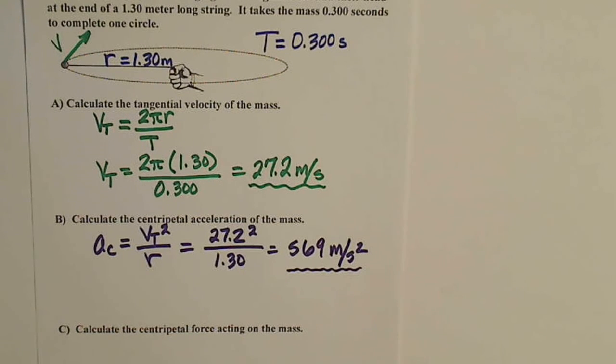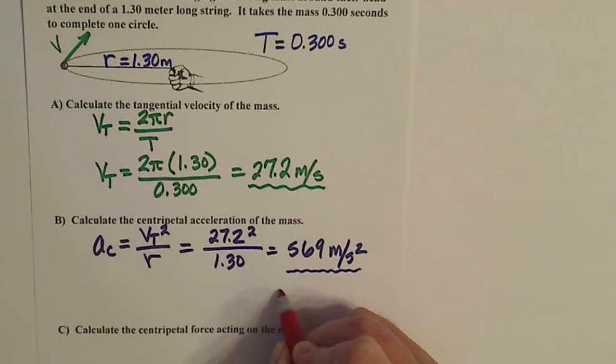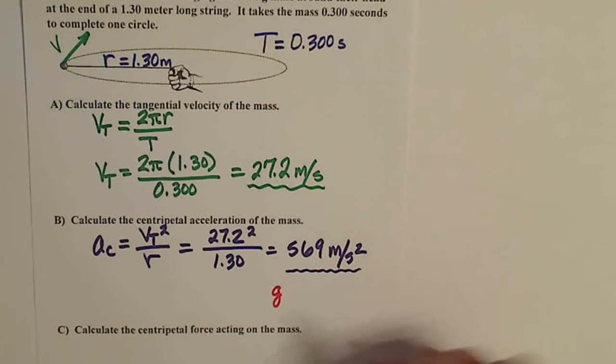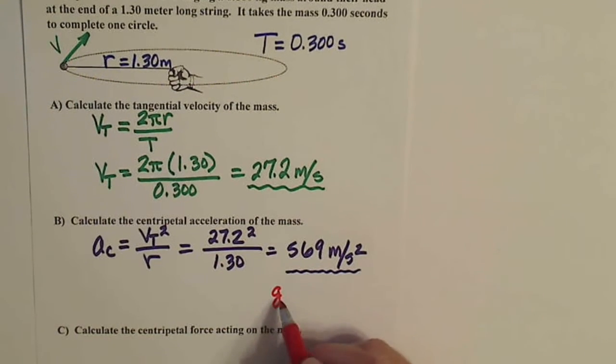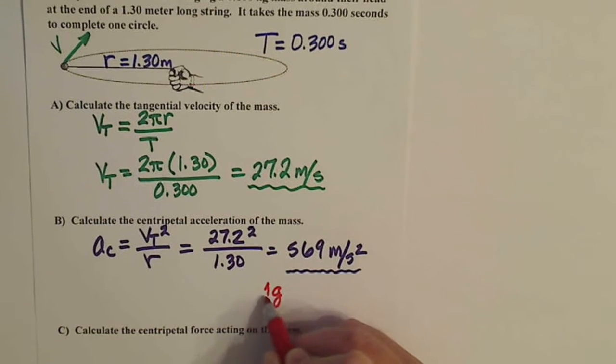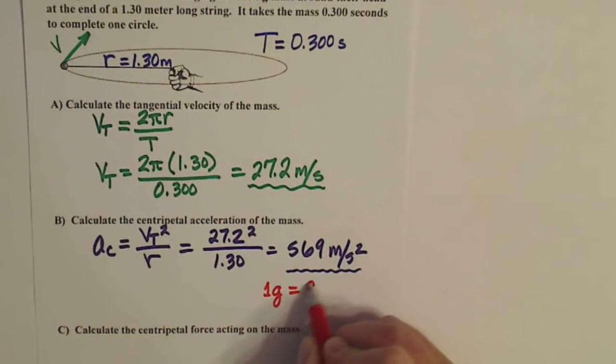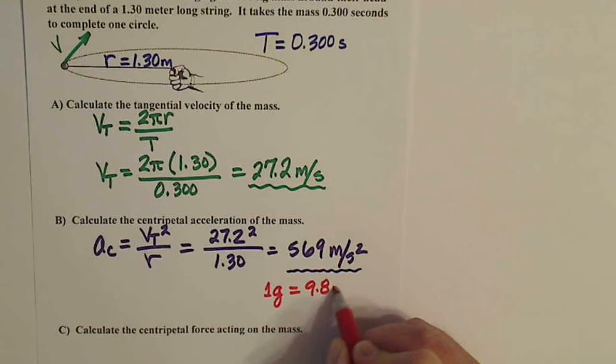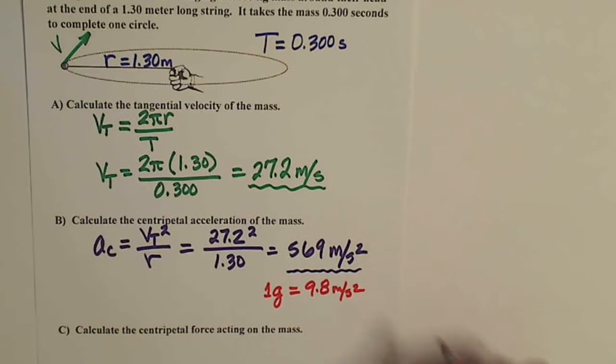Now, that may not impress you a whole lot, but let me do a little sidestep here to give you some appreciation. What is gravity? Every time you fall and hit the ground, you just experienced 1g. 1g is 9.8 meters per second squared.